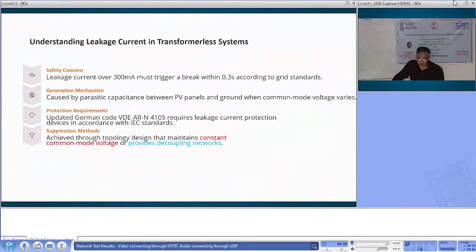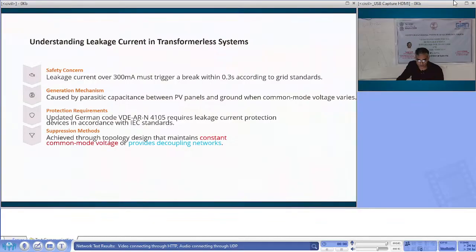It's caused by the parasitic capacitance between the PV panel and ground when common mode voltage varies. So what is this common mode voltage? What is parasitic capacitance? Okay, that we are going to study. Then it requires the protection requirement. Updated German code requires leakage current protection device in accordance with IS standard.